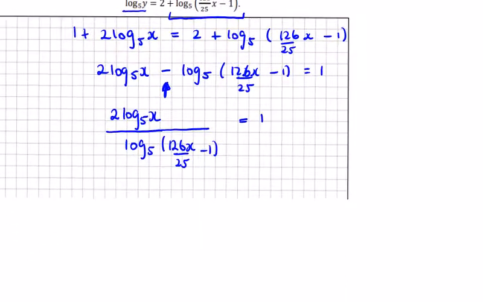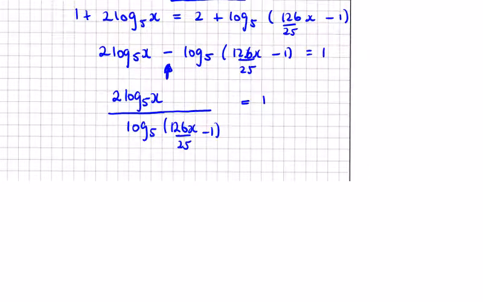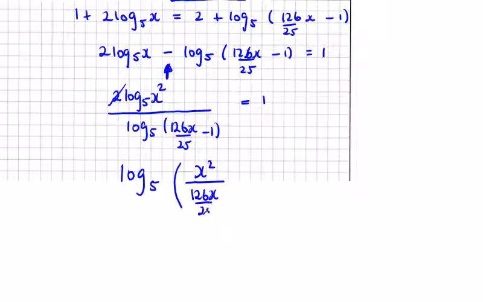equals 1. So if I change this around to get the base, I can say 5 to the power of 1. I can change this to x squared, so I'll put that back to x squared. So I have the log to the base 5 of one over the other, which I can write like this: x squared on top, and on the bottom I have 126x over 25 minus 1.